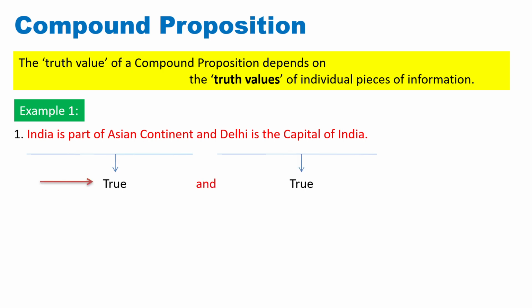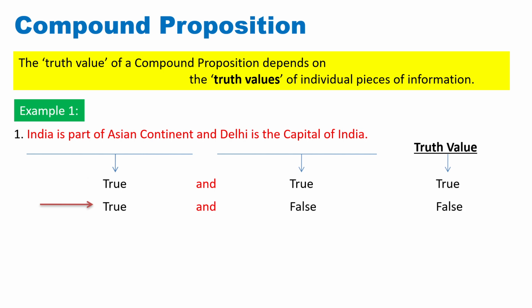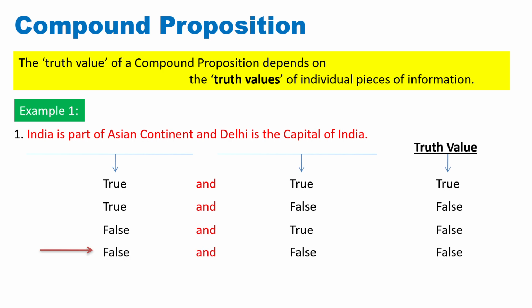If the first piece of information is true and the second piece of information is true, then the final truth value will be true. If the first one is true and the second one is false, the final truth value will be false. If the first one is false and the second one is true, then the final truth value will be false. If the first one is false and the second one is false, the final truth value will be false.